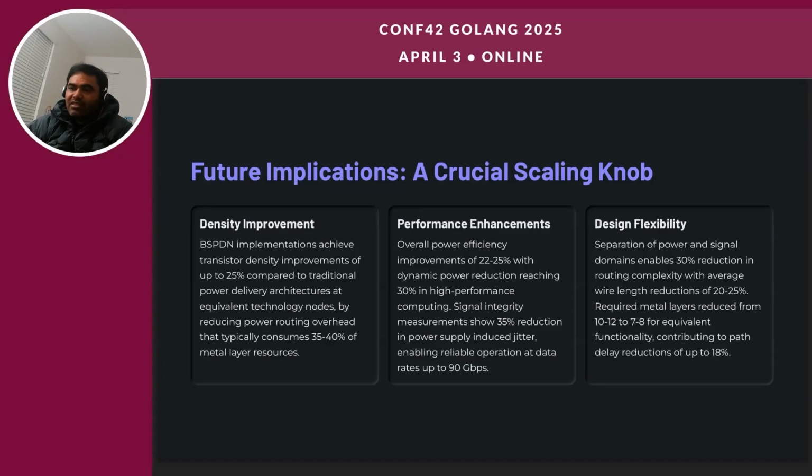Design flexibility: separation of power and signal domains enables a 35% reduction in routing complexity. It will reduce the routing resources, and the average wire length will come down 20-25%. The metal layers also come down: instead of 12, we go with fewer metal layers, 7 or 8, for the same functionality, with 8% to 18% delay reduction.